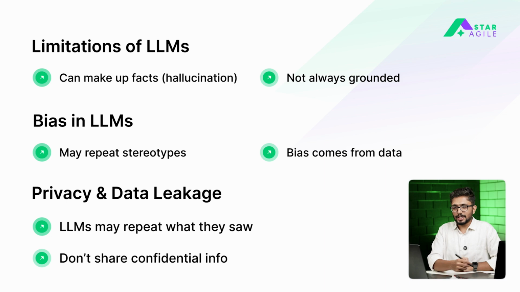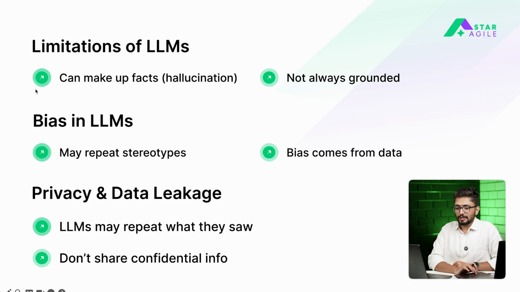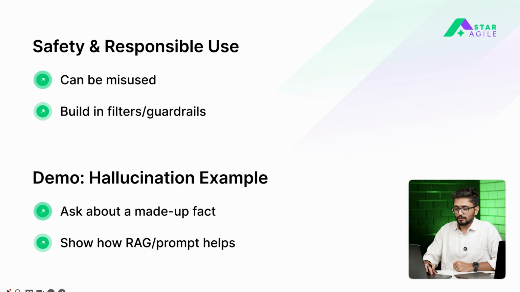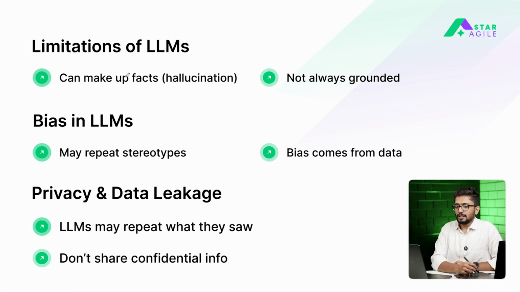The first biggest limitation of language models is that they are very susceptible to hallucination. These language models can easily make up facts, or hallucinate. What does it mean?